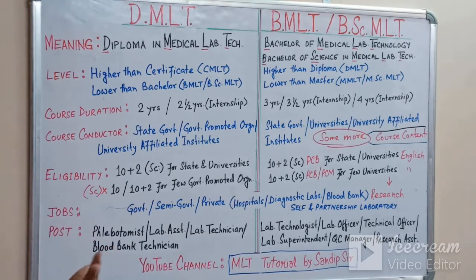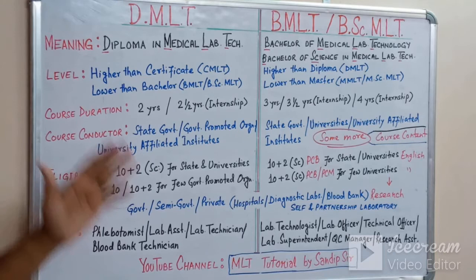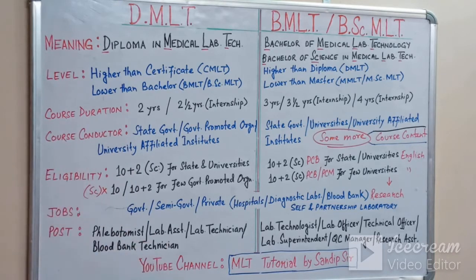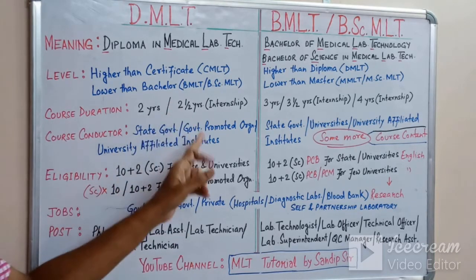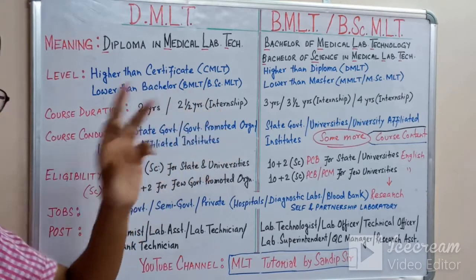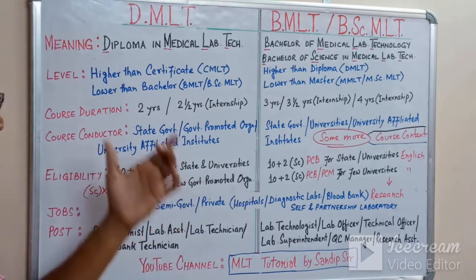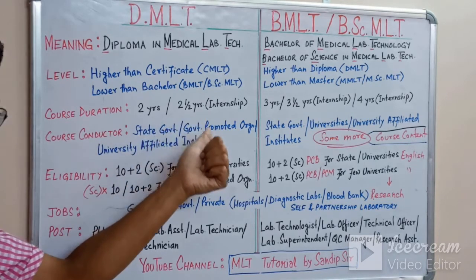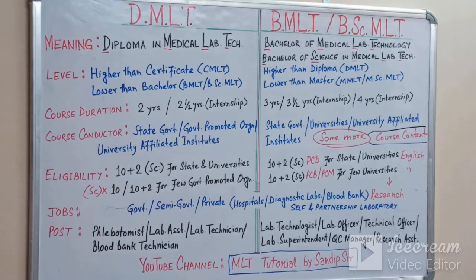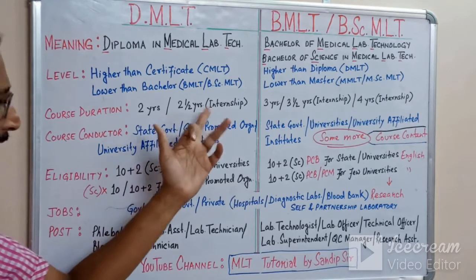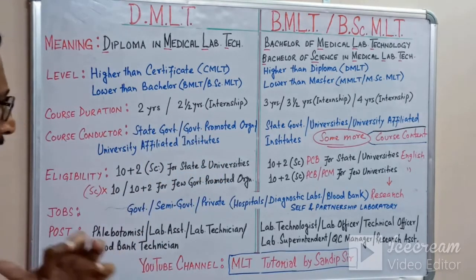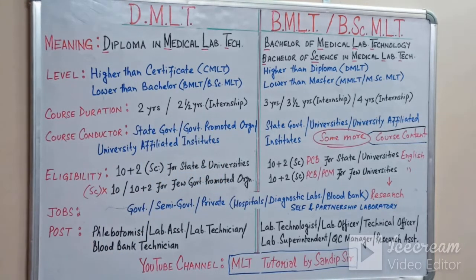So what is the course duration? There are two types of course duration you can find in the DMLT, that is 2 years or 2.5 years. The half year is an internship, and whenever you get a chance at the 2.5 years course, go for that, because an internship is a distinguishing advantage for you.